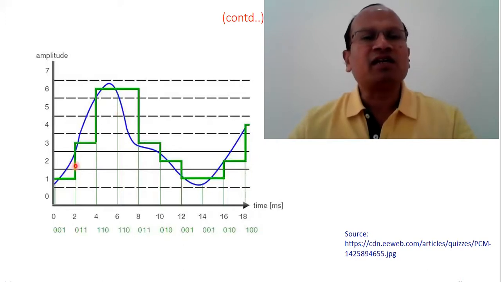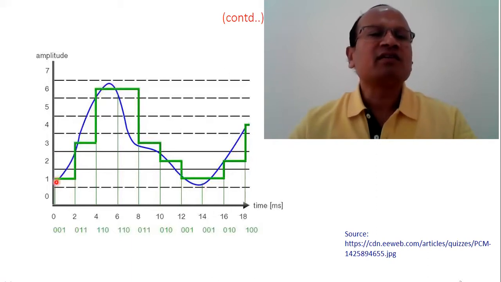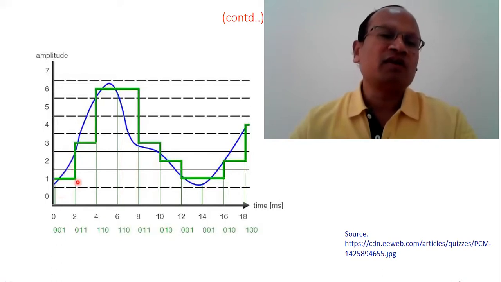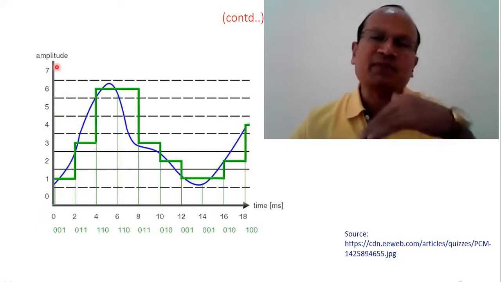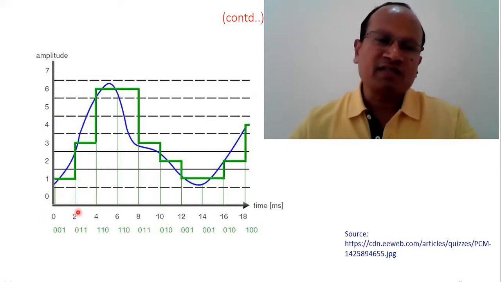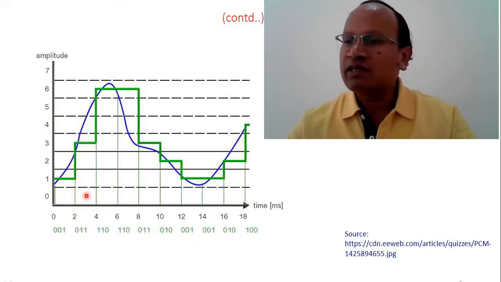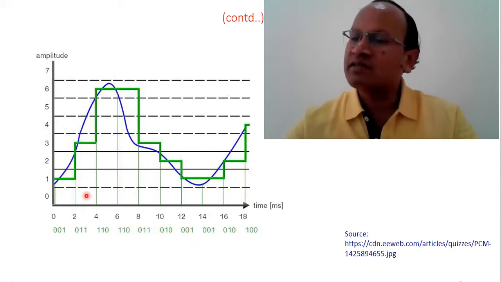This green colored signal is the approximated signal for this analog signal. And the next step, if you can see here in this signal, 1, 2, 3, 4, 5, 6, 7, 8. So 0 to 7, there are 8 steps, and the size of each step is called the step size.